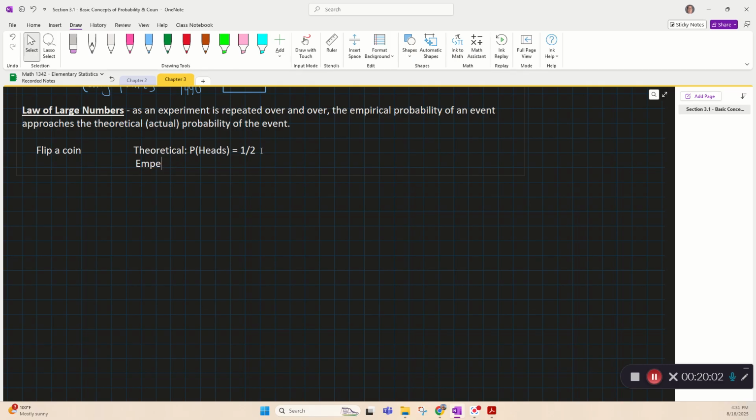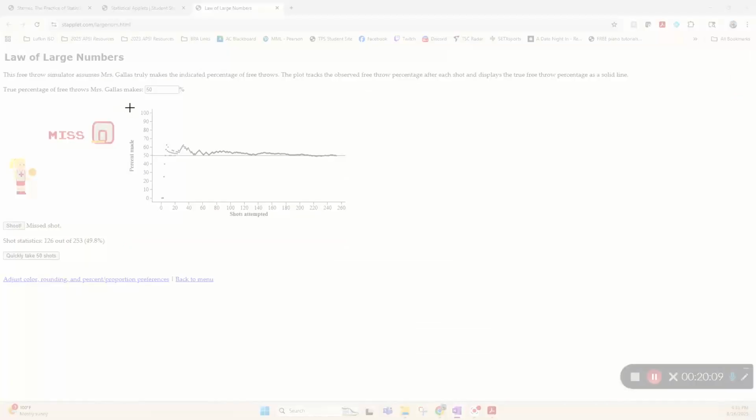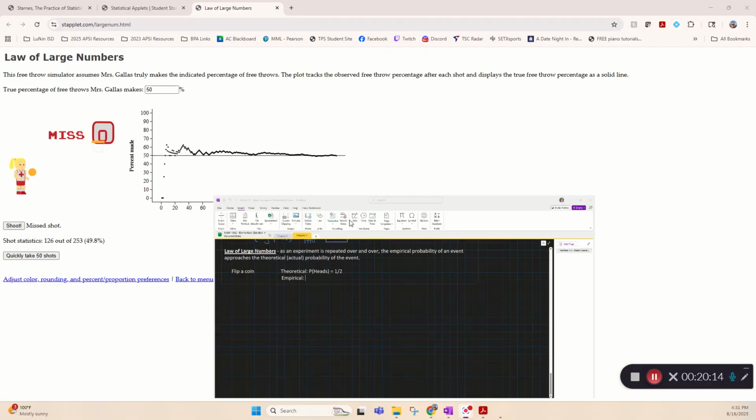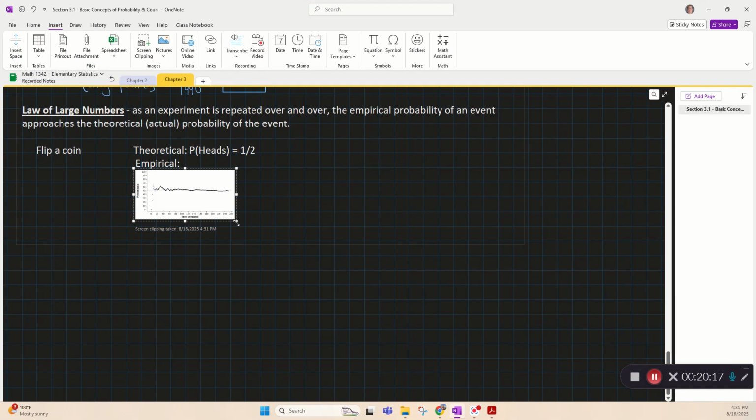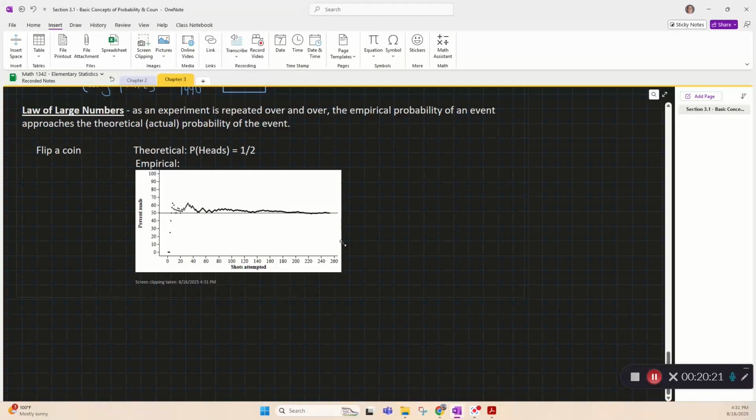Because that E should be an I. Insert screen clip. So we can see that at first it was shaky, but now we're getting close to the 50%.